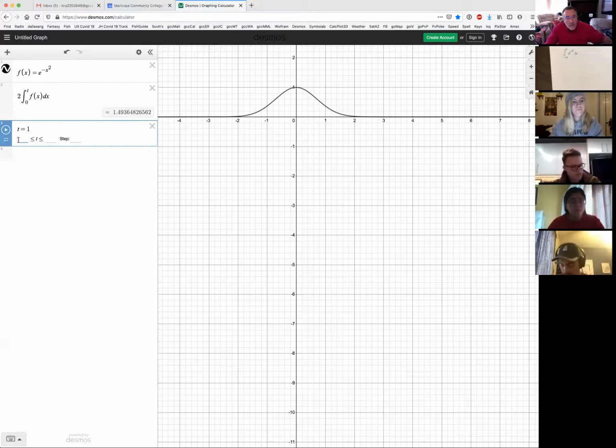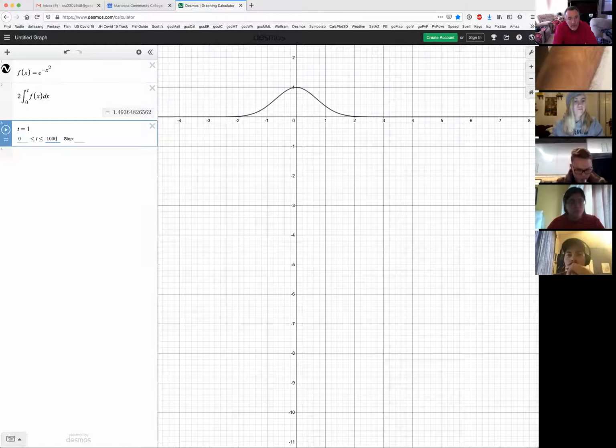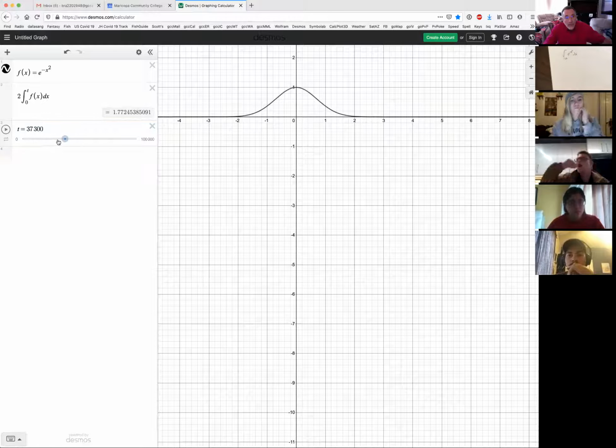Okay, so let's see what happens when t gets bigger and bigger. T's pretty big. It's not changing. It was changing back here a little bit in the last few decimals, yeah? So do you think this is going to a number or not? Yeah. It sure looks like it's going to a number.